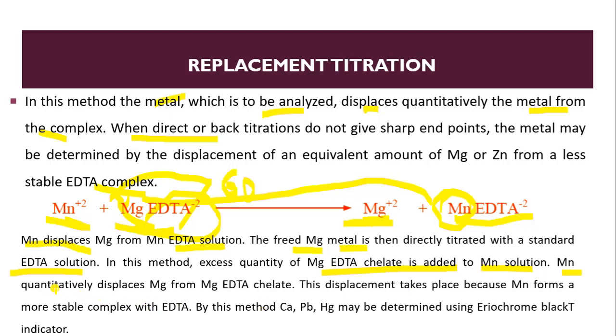This displacement takes place because manganese forms a more stable complex with EDTA than magnesium. So we can identify the magnesium easily. By this method, calcium, lead and other metals may be determined using Eriochrome Black T indicator. So this is the replacement titration.